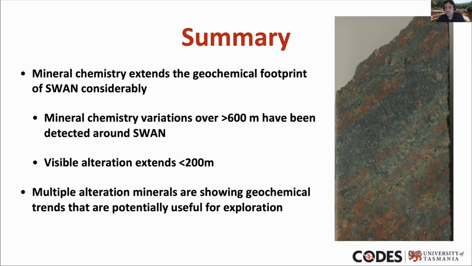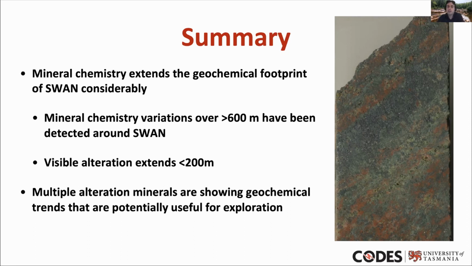Yeah, and it's a very good question as well. We've been thinking about this a little bit, and I totally agree with you. When you do the paragenetic sequence at SWAN, the sequence you see is early albite, and then magnetite, amphibole, with potentially a bit of earlier pyroxene, so maybe pyroxene and then magnetite, amphibole, and then it will move on to pyrite and chalcopyrite, so there is a transition.